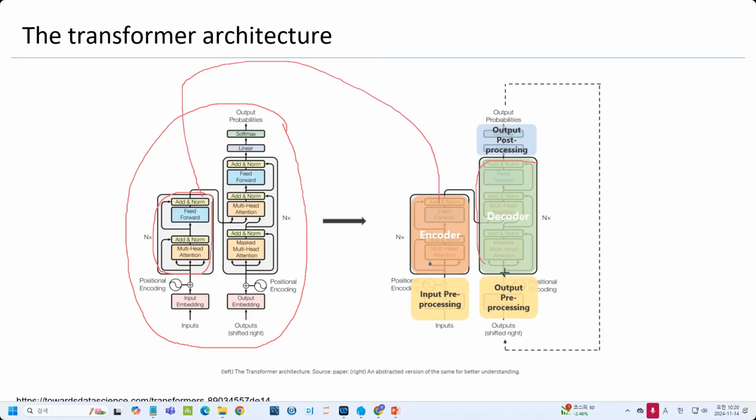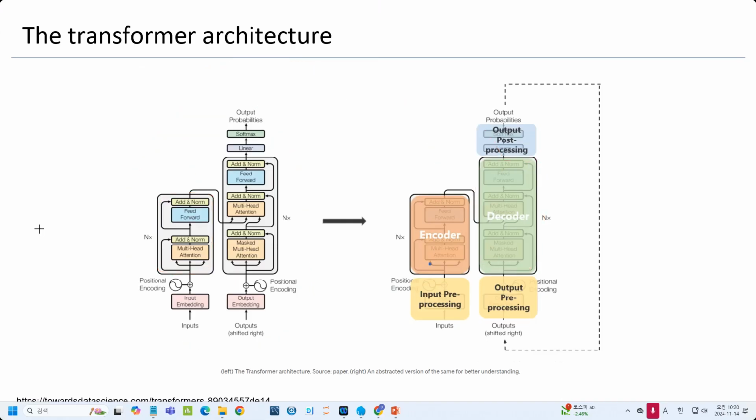This one is dedicated to the decoder. So the idea is still using the encoder and decoder mechanism. However, the inside of the encoder and the inside of the decoder is just a more complex way to calculate the matrix.